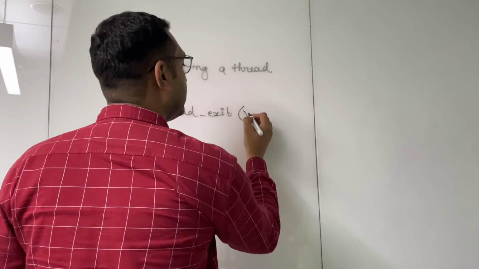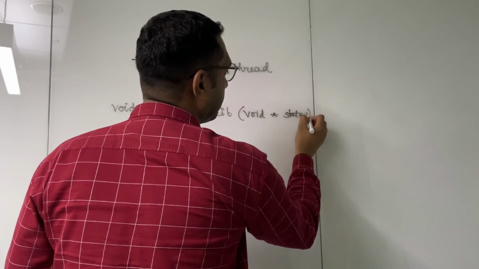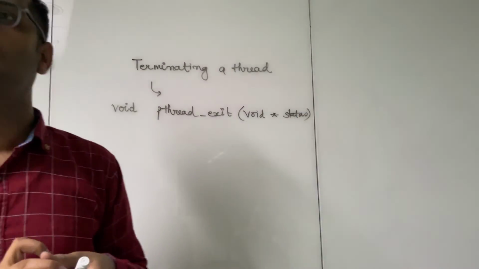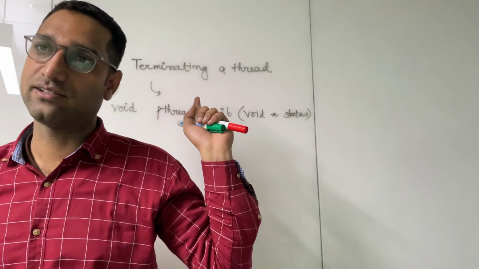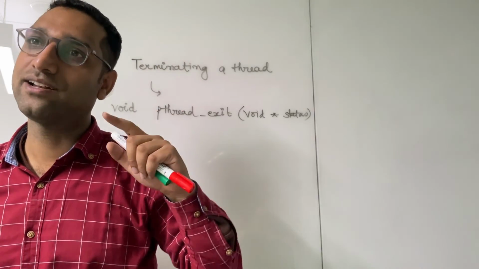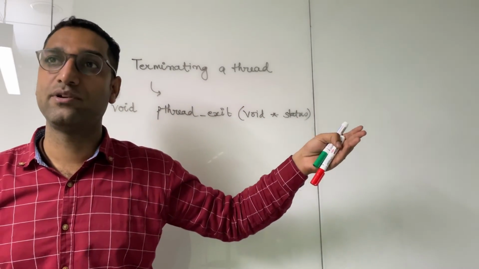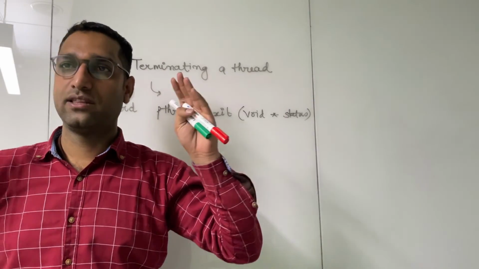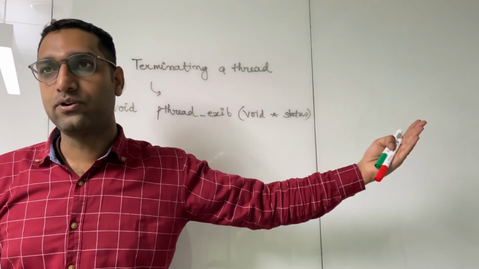Now this completes the cycle. Remember, if some thread was joining, it could join with the status: thread ID and status, and it can catch the status. What was the status of termination of the other thread? The calling thread was waiting on pthread_join for the other thread to terminate.